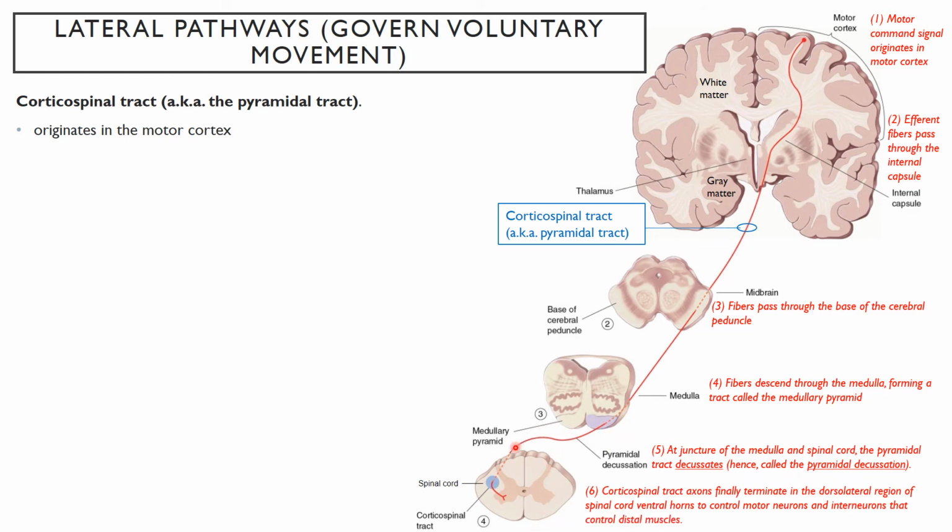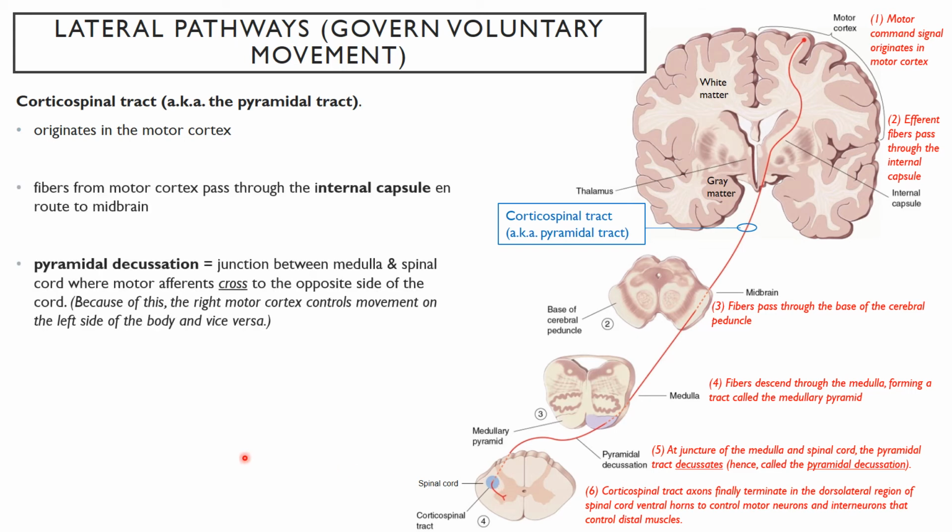It then makes its way down the corticospinal tract, which is one of these lateral pathways, and it will then synapse onto the ventral portion of the gray matter within the spinal cord, in the ventral horn, to synapse onto motor neurons. It can also synapse onto interneurons, leading to precise control of the muscles, voluntary control.